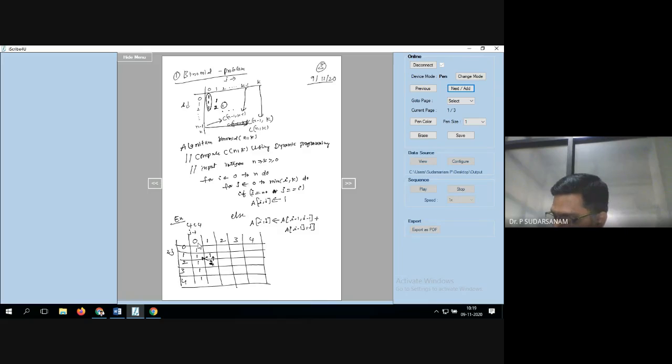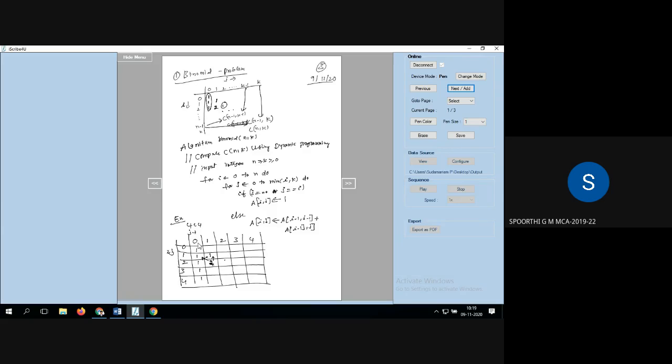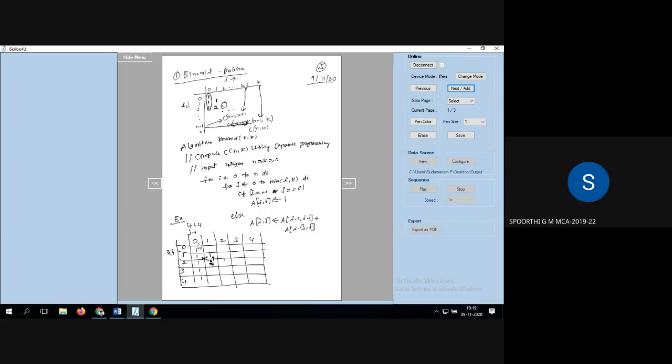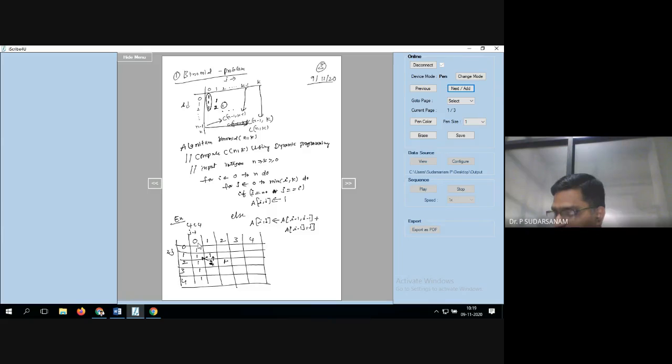It's 2 only, madam? Answer is 3, sir. Madam, 2 comma 2: i is equal to j means the first condition, the if condition. 1, sir. i value and j value are both equal, then you have to write 1 only.